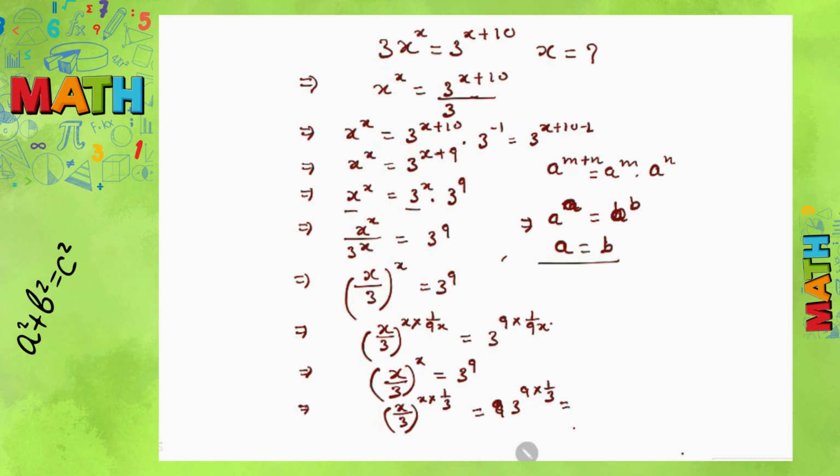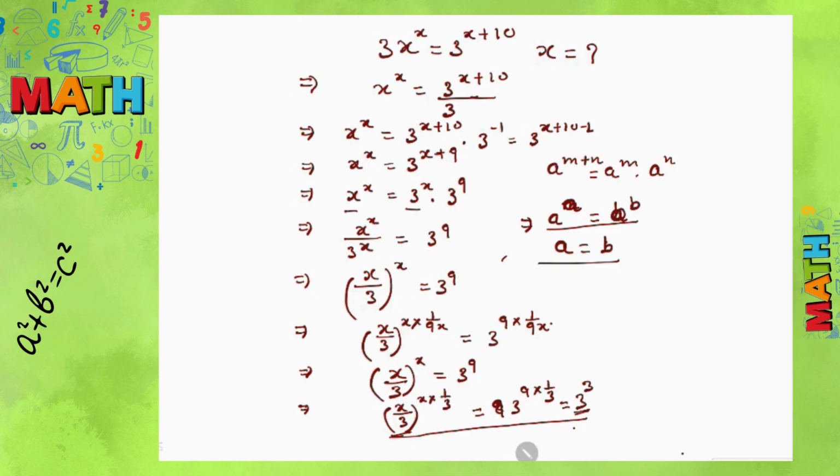I wanted to make this and this the same, that's why I did it here. So this becomes 3^3. So this is also the same, 3^3, 1 upon x upon 3^(x/3). So you can see that this whole thing has become in this form. Okay, so we can write a is equal to b.